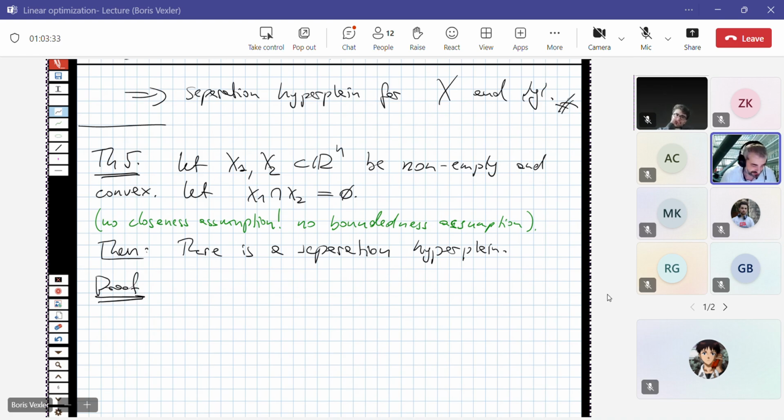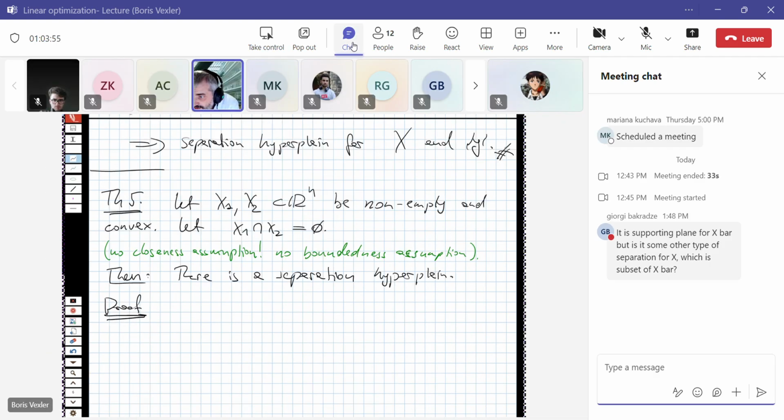after the break. Yes, this is a good idea. I think they make now a break of 10 minutes, and I see a question in chat. It is a supporting plane for X bar, but it is some other type of separation for X, which is a subset of X bar. What was the question?